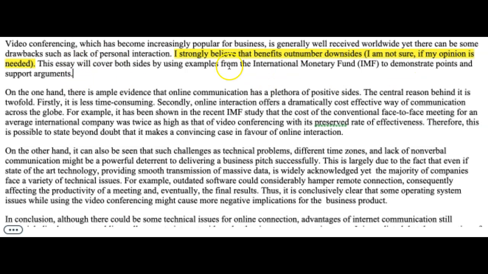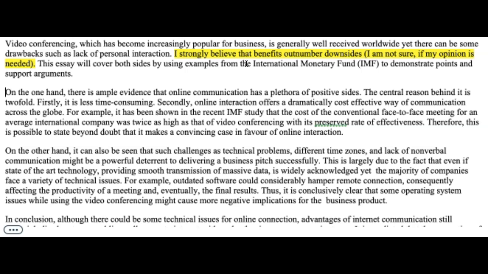If we do it like that, not only does it make it correct, as in we've got plural examples, because it sounds like we're going to use 2 examples from the IMF, but we don't. So we say using examples from the IMF and software industry, and then adding that extra example, we've made it parallel, and that's one of the advanced skills we talk about later in the course.